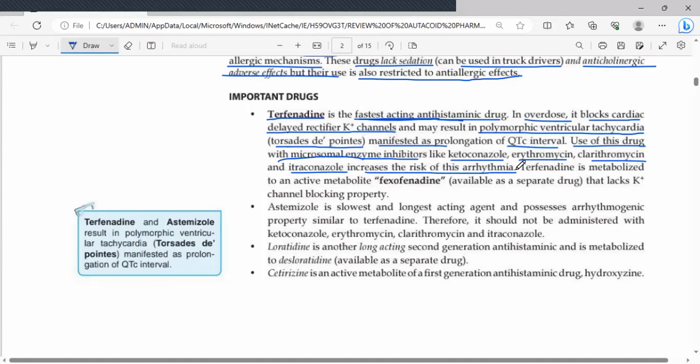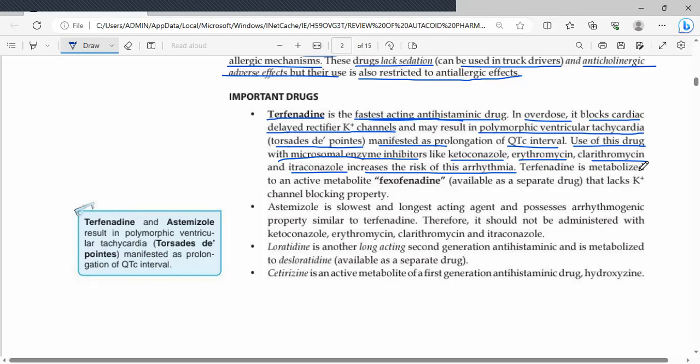Okay, the torsades de pointes. So this drug is usually metabolized by the CYP. So if you use CYP inhibitors, there is a likelihood that there will be an overdose. So patients taking ketoconazole, erythromycin, clarithromycin, or itraconazole shouldn't be given terfenadine.